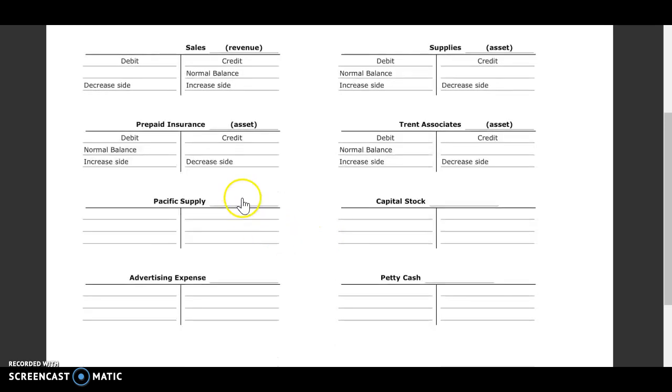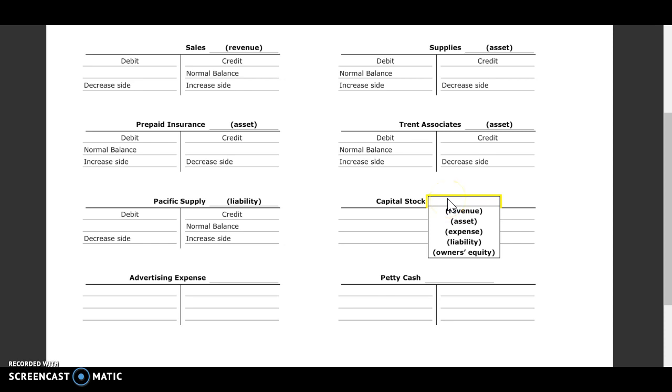Now remember from our instructions, Pacific Supply was an accounts payable, so that means that it's a liability. Debit on the left, credit on the right. It's on the right side of the equation, so that means it increases on the right, decreases on the left. And our normal balance is the same as the increase side, the credit side. Capital stock.